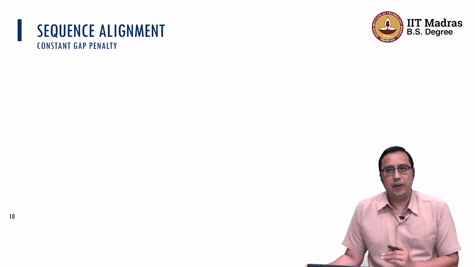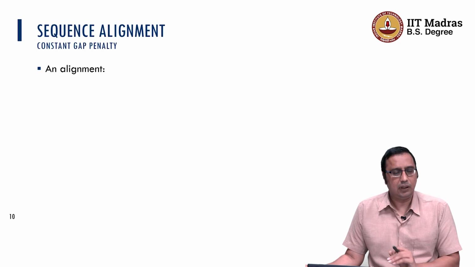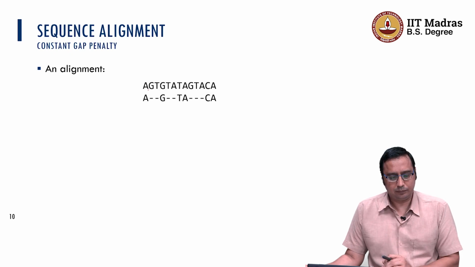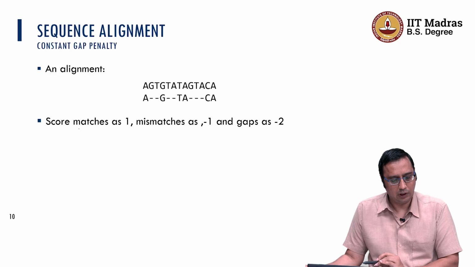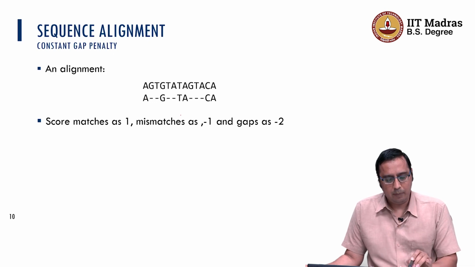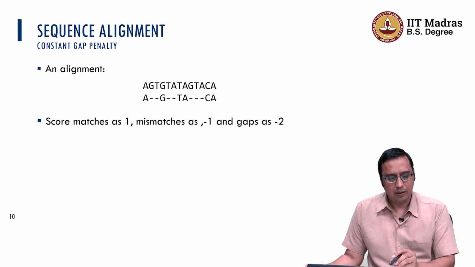So let's see the difference between constant gap penalty versus affine gap penalties. I'll take an alignment. So this is an alignment, and I have aligned this sequence with this sequence in this manner. I'll give a score for matches of 1, when A matches with A it is equal to 1. Mismatch I'll give minus 1 and give gaps as minus 2. See here, I do not have any mismatches.